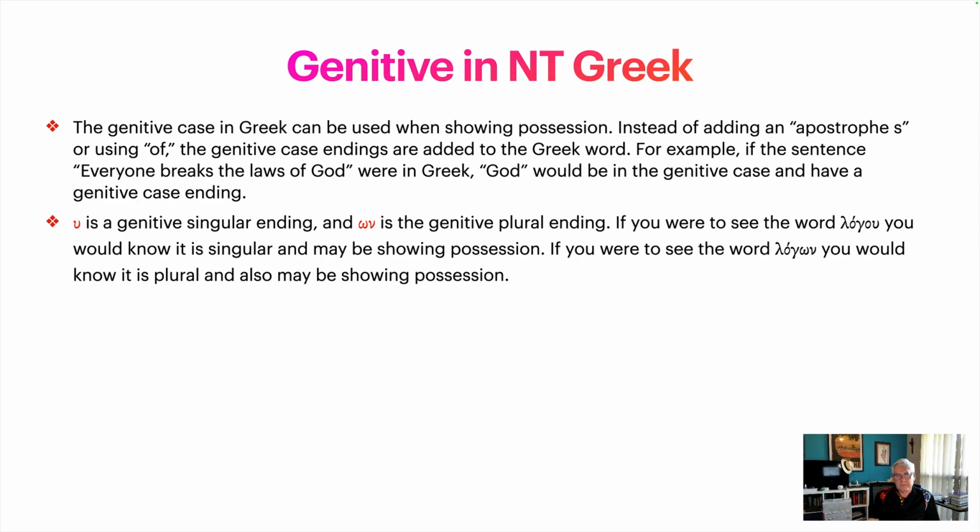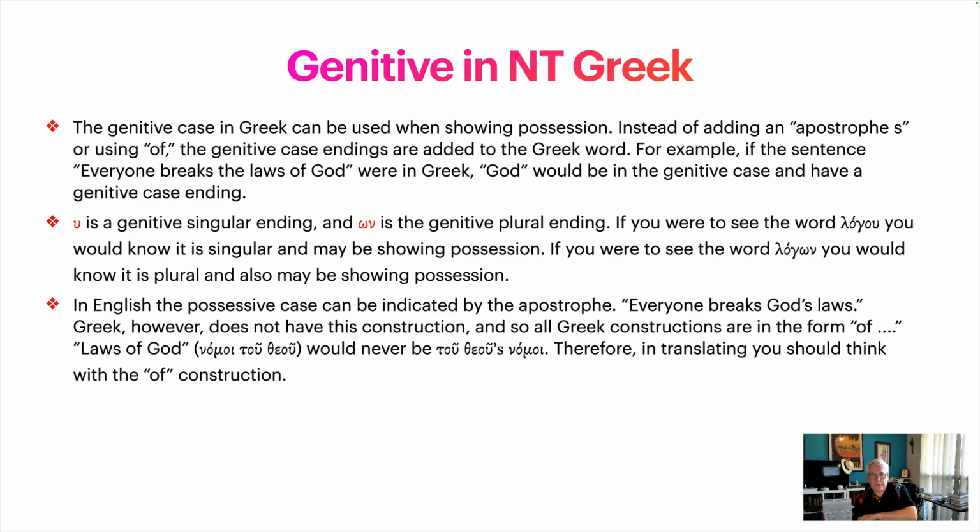So if you see the word logou, you would know it's singular and that it's genitive. If you see the word logon or ergon, you would know that it's plural and is also demonstrating some relationship, showing either possession or association.